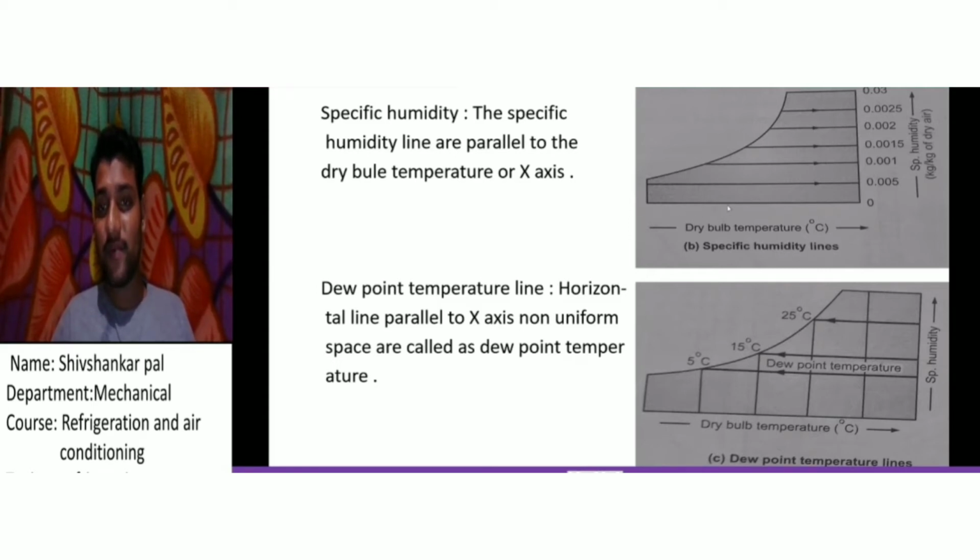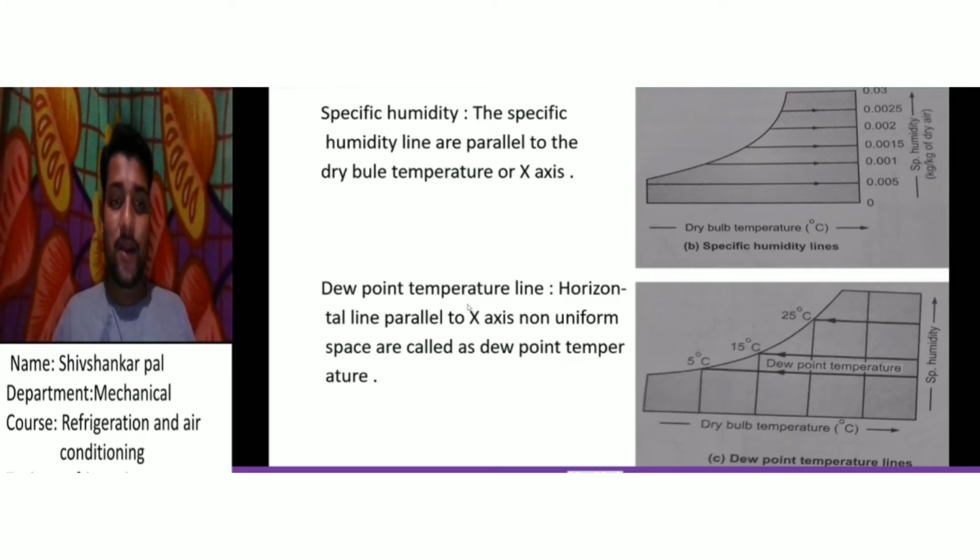Any line parallel to the x-axis is known as a specific humidity line, and the humidity value is constant along the whole length. For example, the specific humidity value here is 0.05.